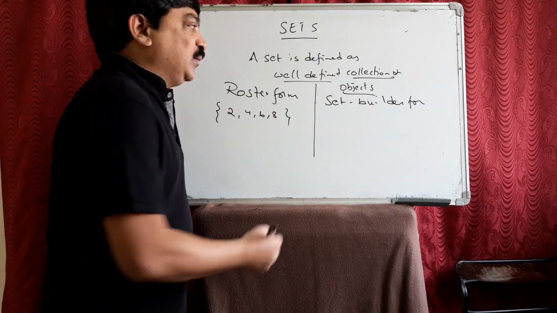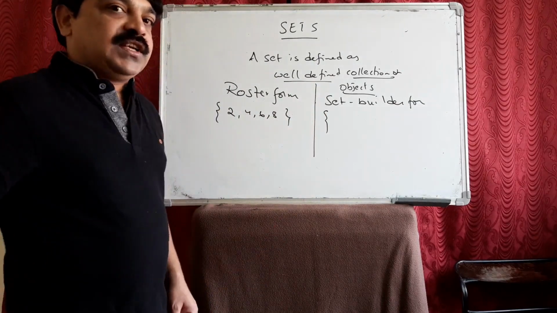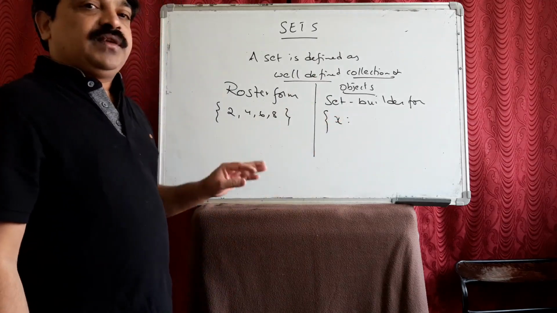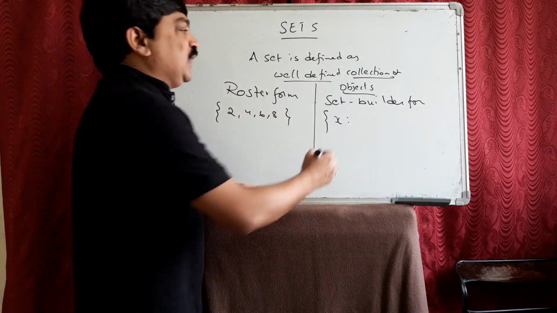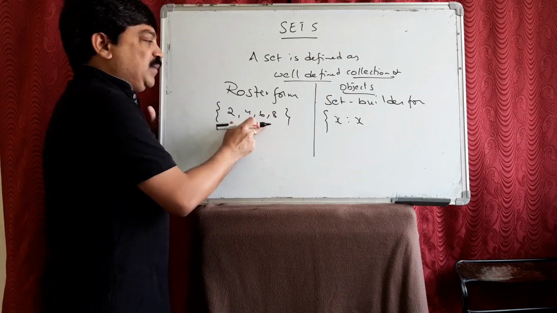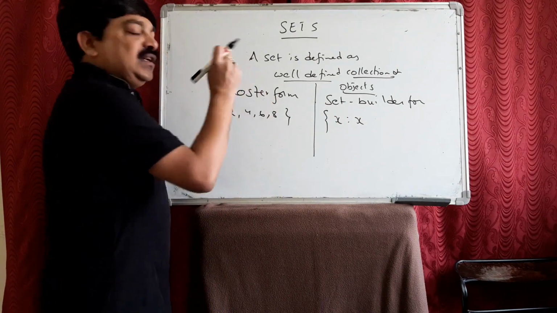What is the set builder form? The same thing I write in set builder form. We represent with a variable, instead of writing all the 4. And we express about these, that means what is the action done by these numbers.